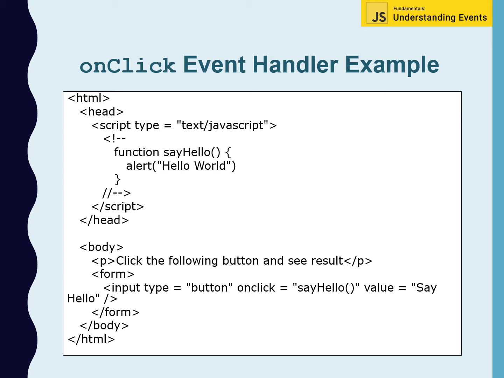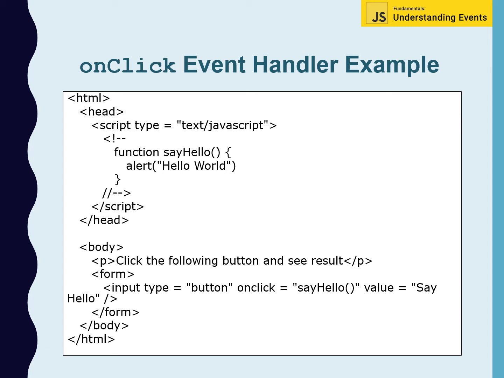Inside the say hello function, there is an alert statement. So whenever the user clicks the say hello button, an alert box will be displayed with the message hello world. This is just a demonstration of the onclick function.